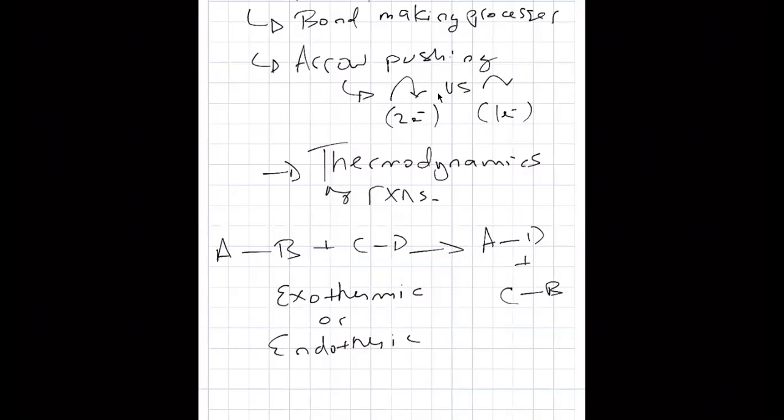Probably used a little styrofoam cup or something like that, a little homemade calorimeter. But here, when we talk about something being exothermic or endothermic, we can figure that out based on the energy of the bonds that are being broken and the bonds that are being made.